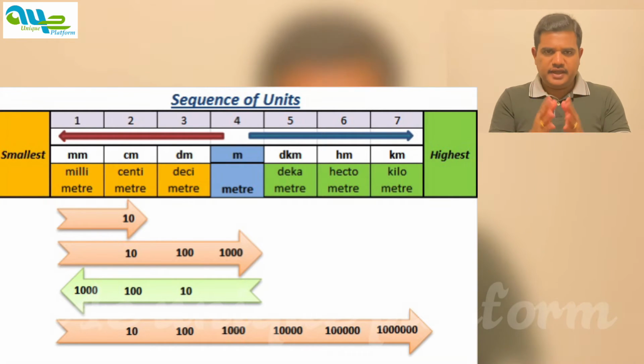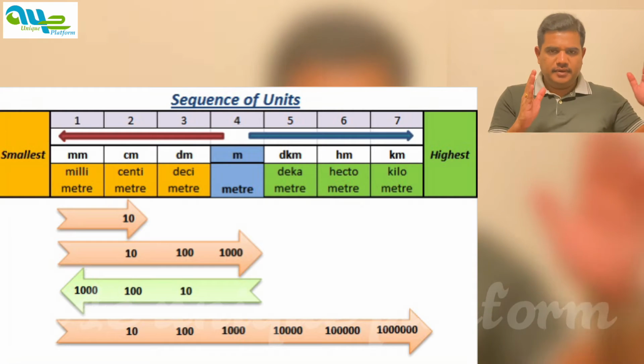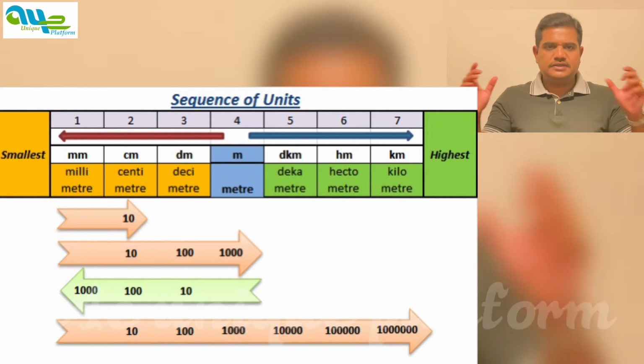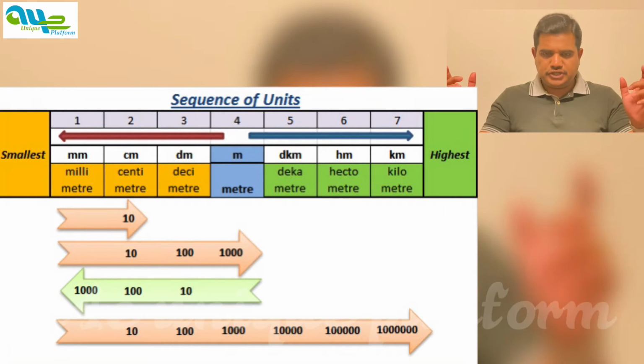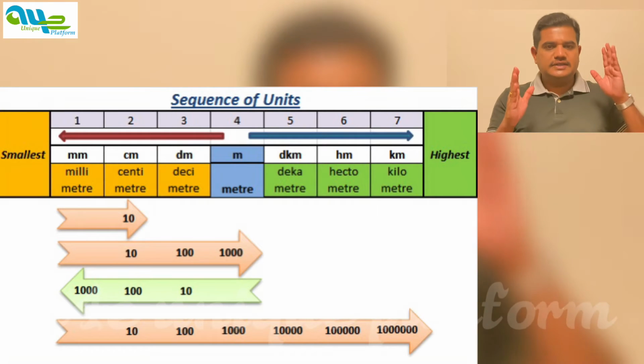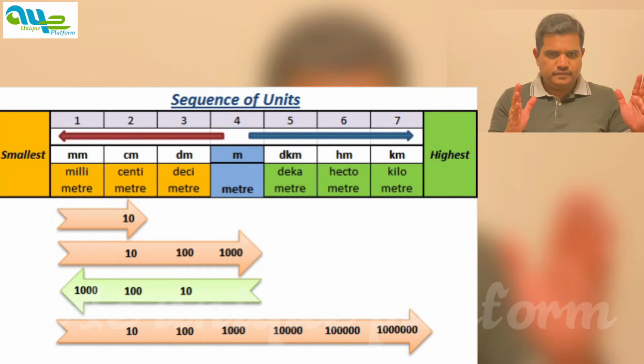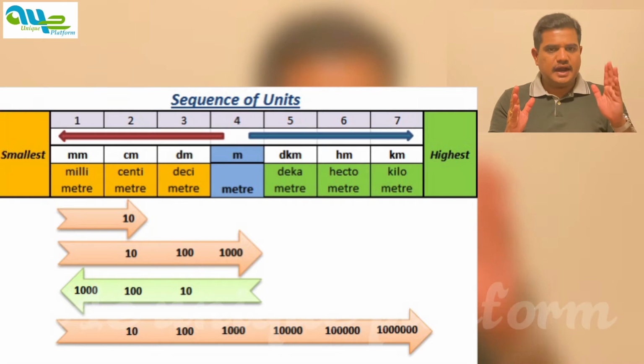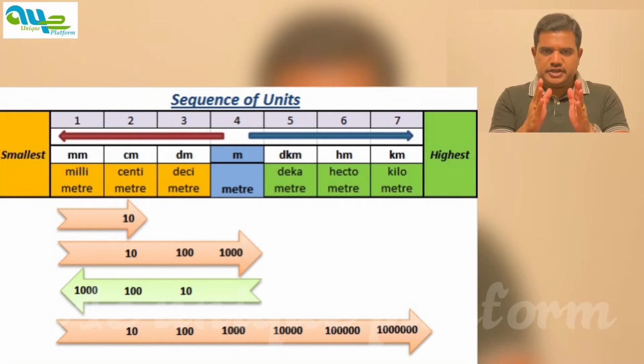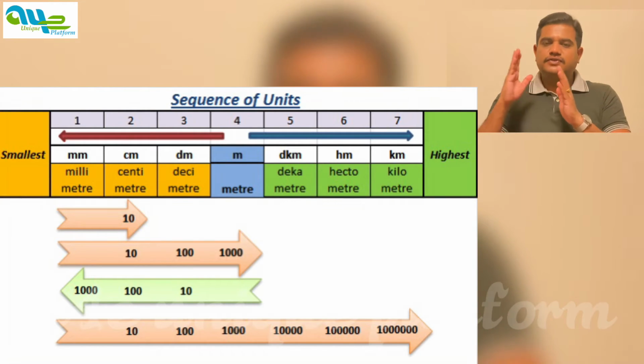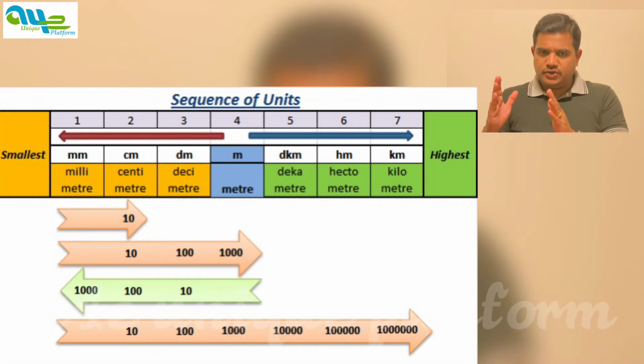The same way, if you are going from 1 millimeter to kilometer, that is first position till 7th position, you need to use second position centimeter 10, third position decimeter another 0, fourth position meter another 0, fifth position decameter another 0, sixth position hectometer another 0, and 7th position kilometer another 0.